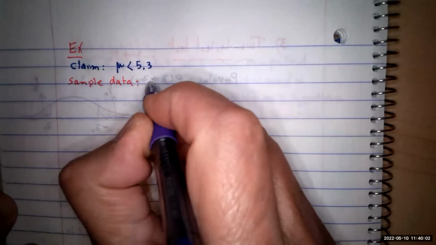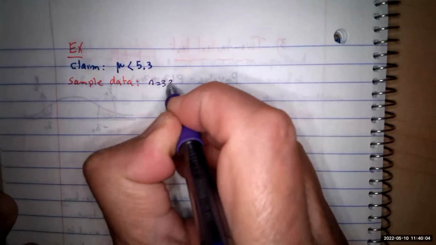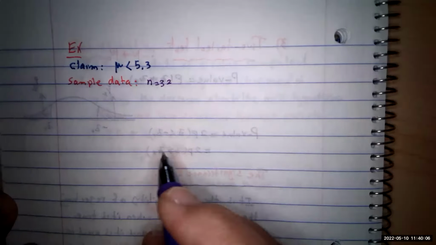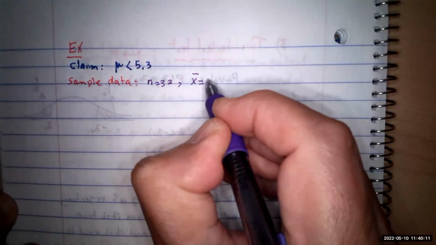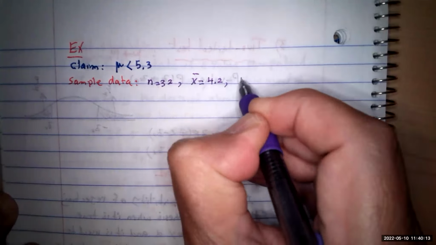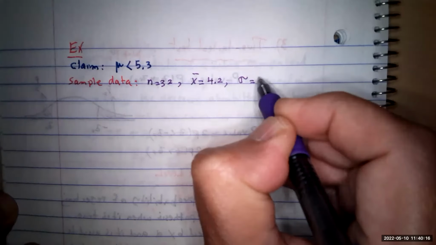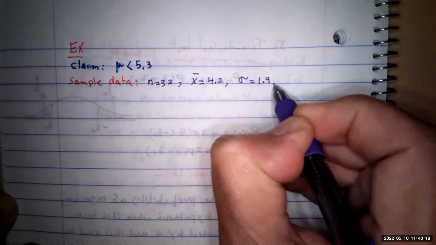You need information, and this is all the information given. The sample data starts with the sample size: n is equal to 32, the sample mean x bar is equal to 4.2, and the standard deviation is given, sigma is equal to 1.9.